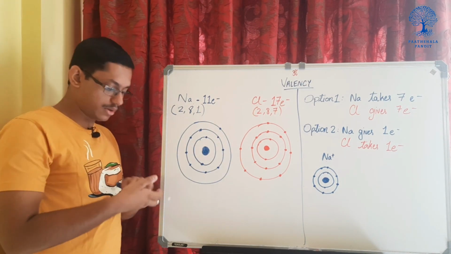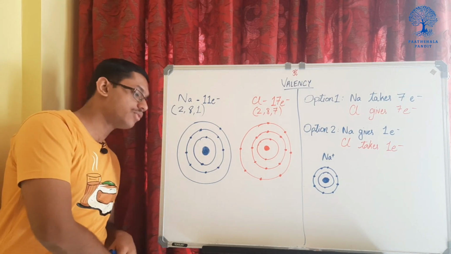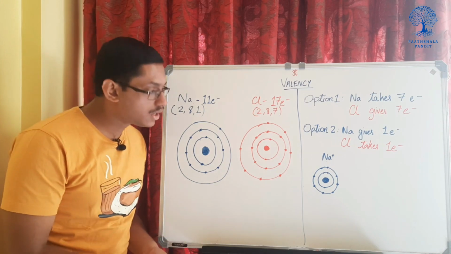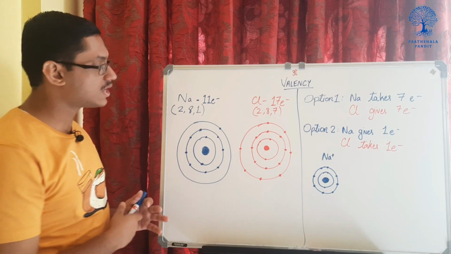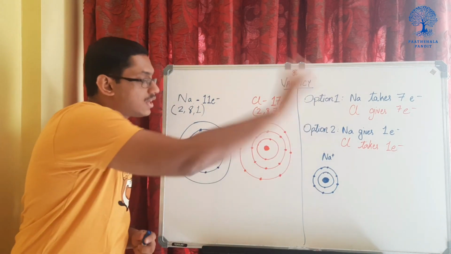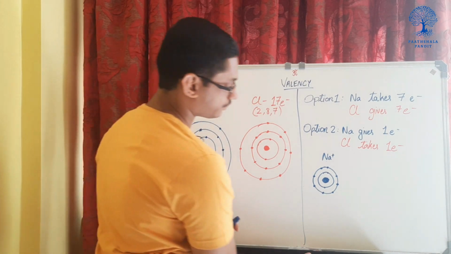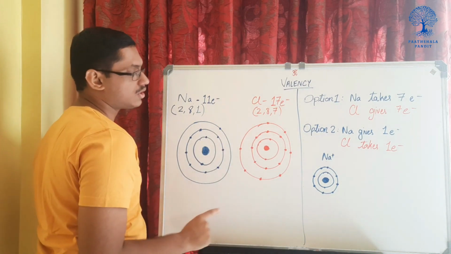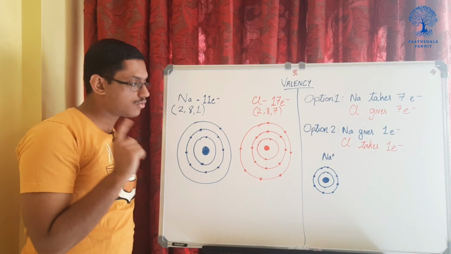So if the positive and negative are balanced and you remove an electron, meaning you remove some negativity, what will it become? It will become positive. Now suppose I remove another electron, then it will become more positive. Remove another electron, it will become more positive. Okay, that is what happens. So here we remove one electron. Since it is just one, we wrote only plus.